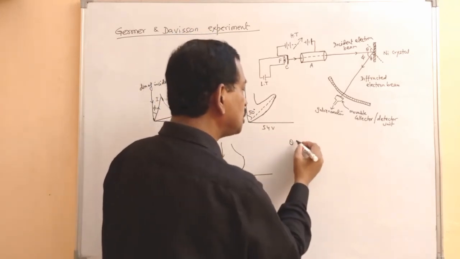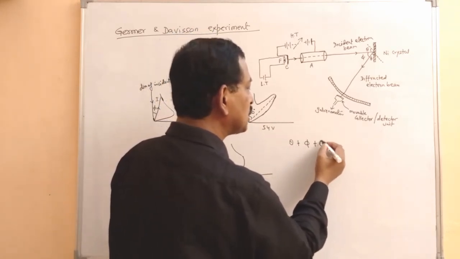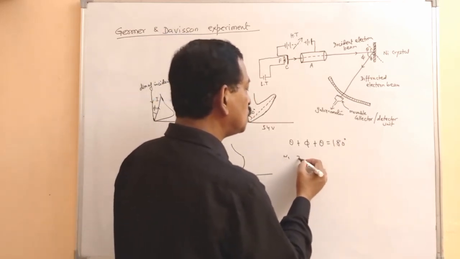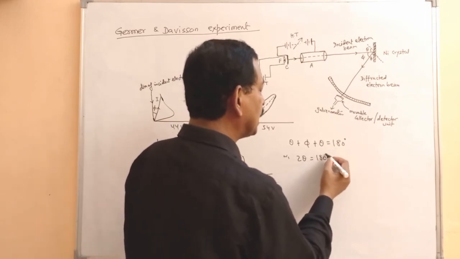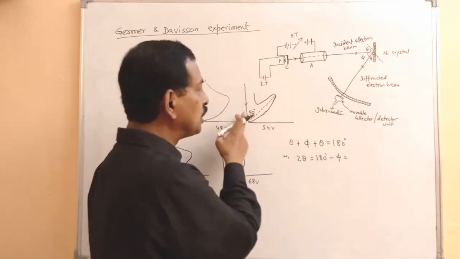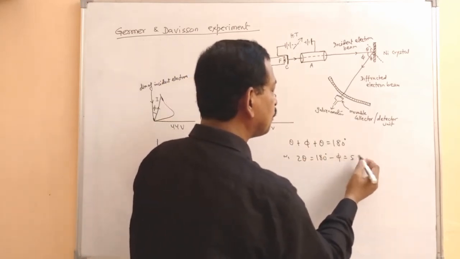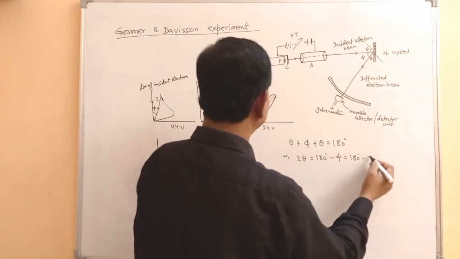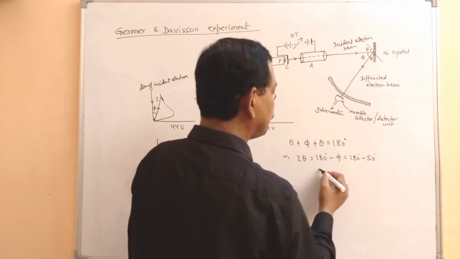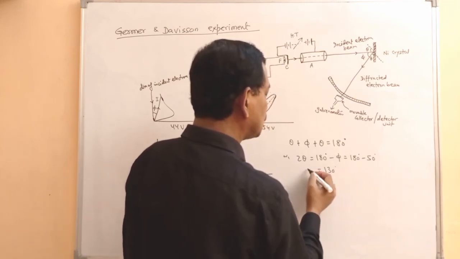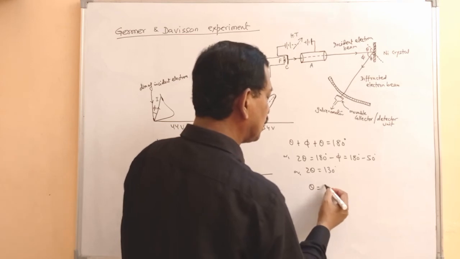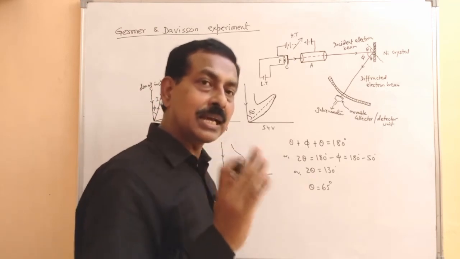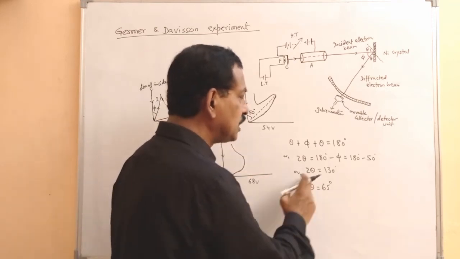So theta plus phi plus theta is your 180 degree, or 2 theta will be equal to 180 minus phi, and how much we have taken, this 50 degree, so it will be equal to 180 minus 50, 130 degree, that is 2 theta, or theta will be equal to 65 degree. So this theta is basically your glancing angle. So the glancing angle will become 65 degree.